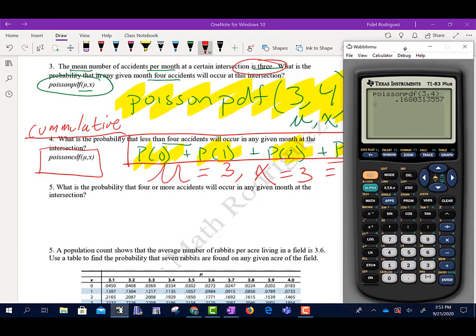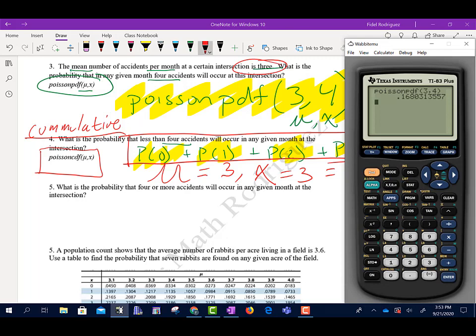Here we go, just so you can see what it is I'm going to do. And I'm going to go second, and I'm going to go vars because I want that distribution feature. I'm going to scroll down, okay? And I'm looking for Poisson Cdf, right? Cumulative. So I'm going to hit, this looks like it's part C or whatever it is right here. So I'm going to hit enter.